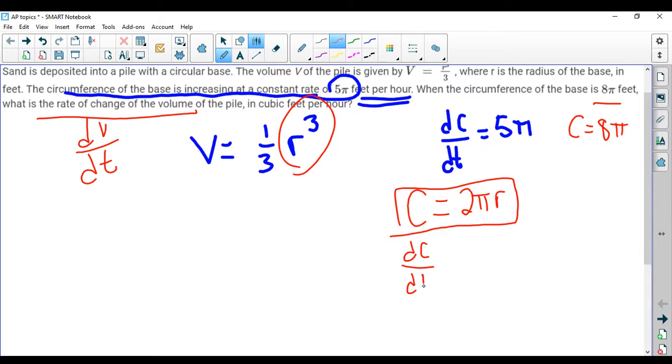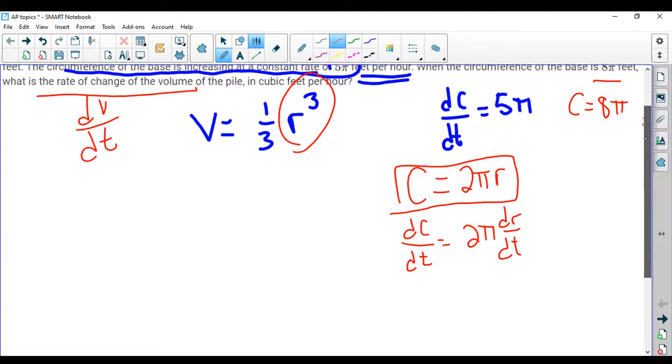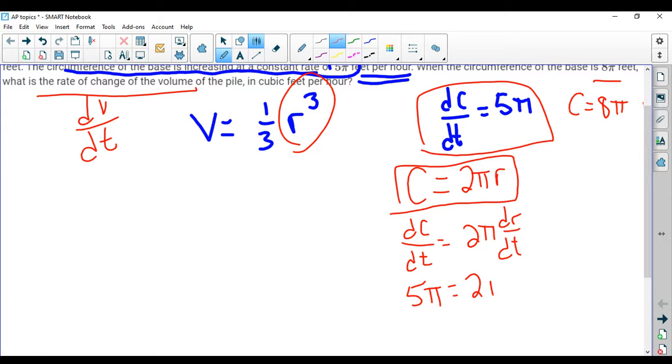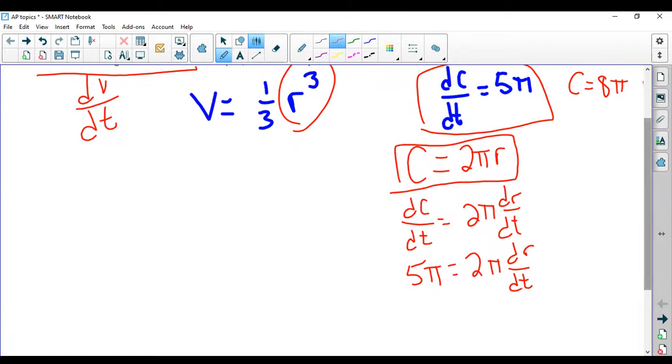The derivative of c is dc dt, 2 pi is a constant, and the derivative of r is dr dt. Seeing that we know what dc dt is, we can say 5 pi equals 2 pi dr dt. So dr dt equals 5 over 2.